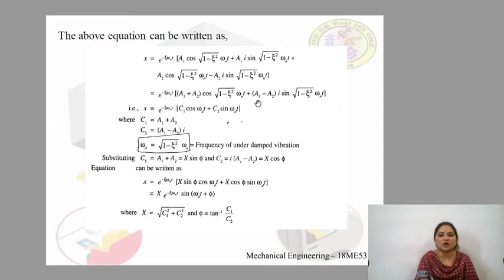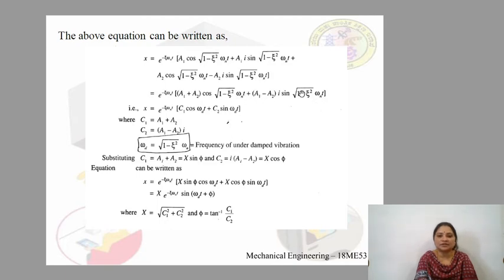So separating the cos terms and sin terms, we can write it as e to the power of minus zeta omega n t as usual outside the bracket, and we observe that both the cos terms have a1 and a2 as common, so therefore a1 plus a2 cos of square root of 1 minus zeta square omega n t, plus a1 minus a2 into i sin of square root of 1 minus zeta square into omega n t.